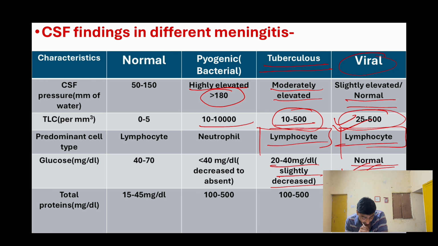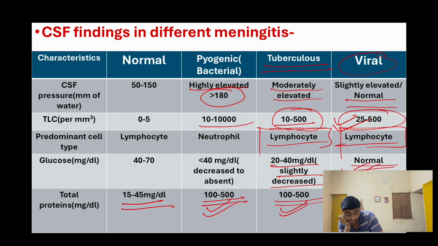Now total proteins. The normal value of protein in the CSF is 15 to 45 milligram per deciliter. In case of pyogenic meningitis, we have 100 to 500. That is, proteins are increased in pyogenic meningitis as well as in tuberculous meningitis. The value in tuberculous meningitis is 100 to 500 milligram per deciliter.